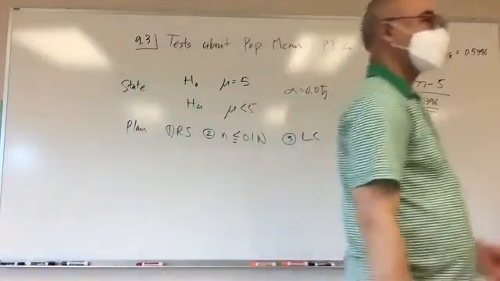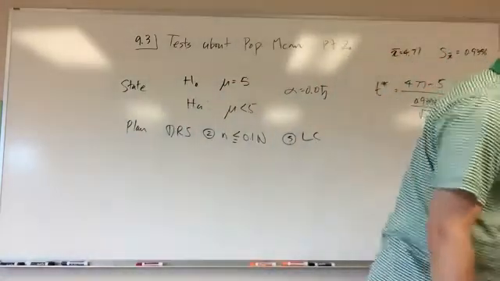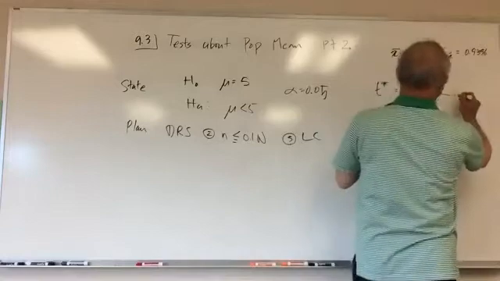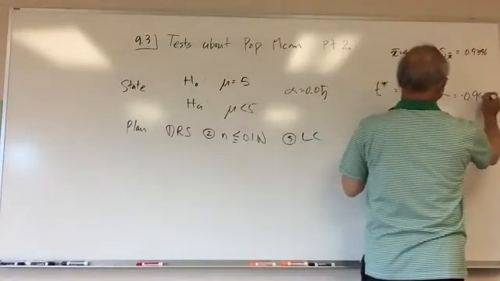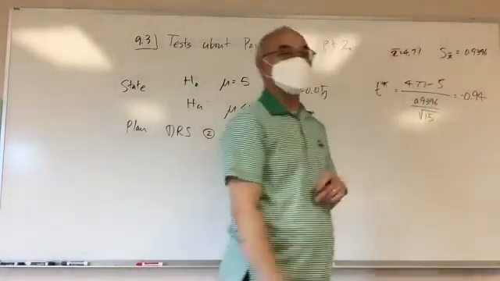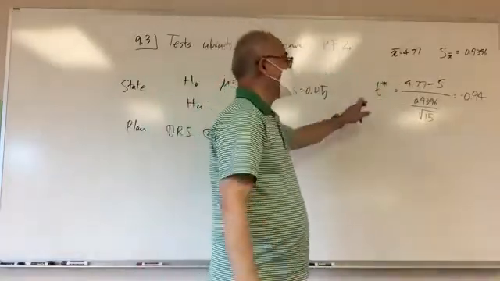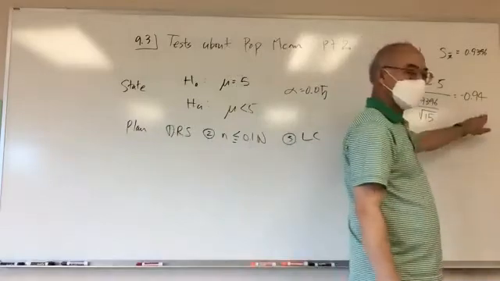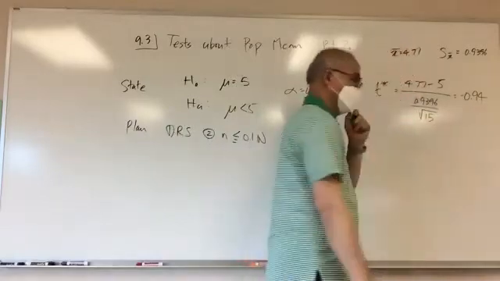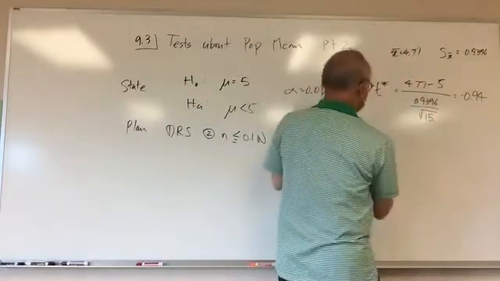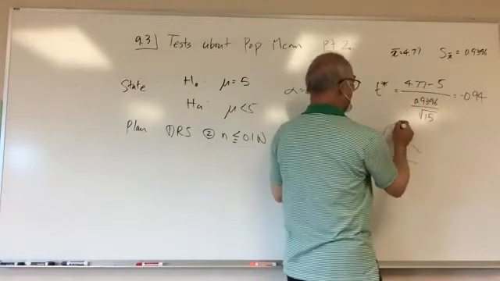I just want to make sure the book is correct. Okay, that's what the book says. So the book is good. So this is 0.94, and it's on the left side, so we are here.